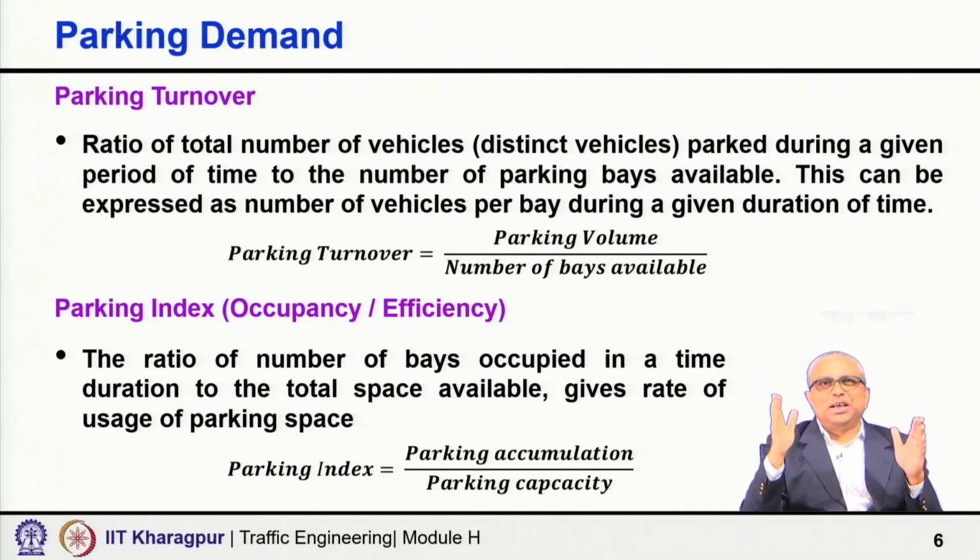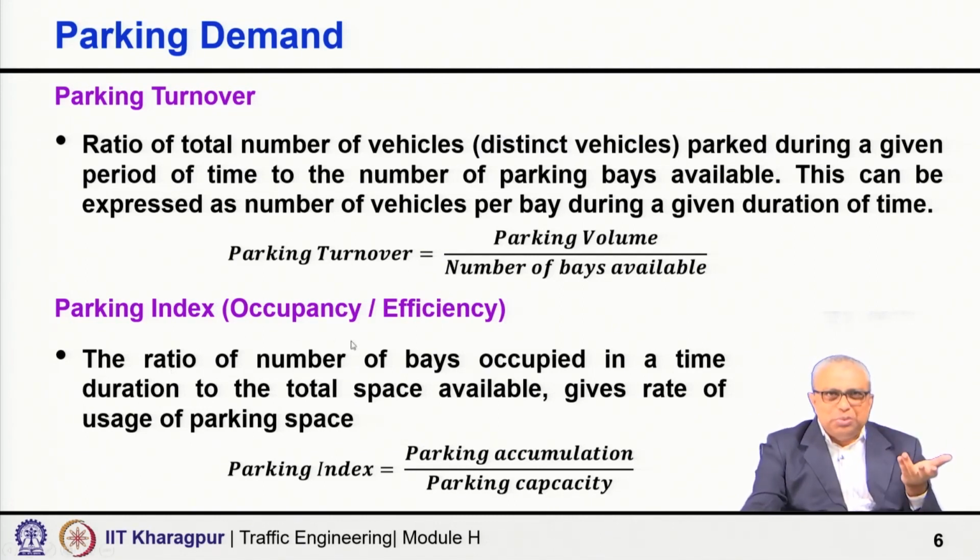During this period of time, how many distinct vehicles on an average are parked per bay, right. Now, for a given parking bay also we can carry out the turnover, and for the overall parking area considering all the bays, what is the average parking turnover, that also we can carry out.